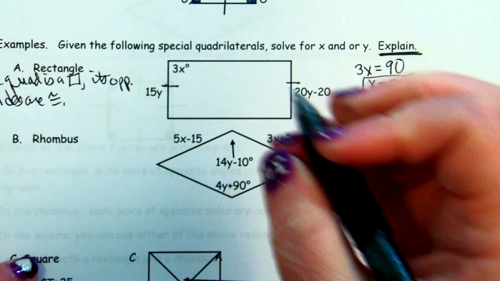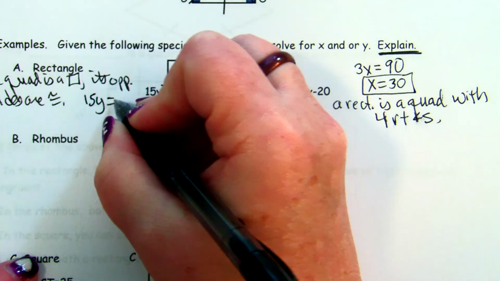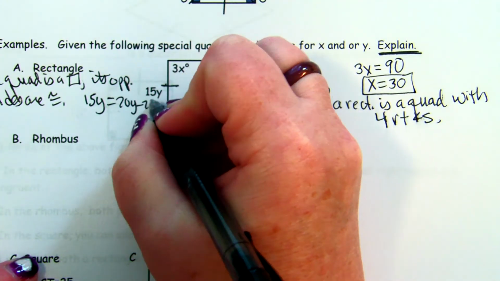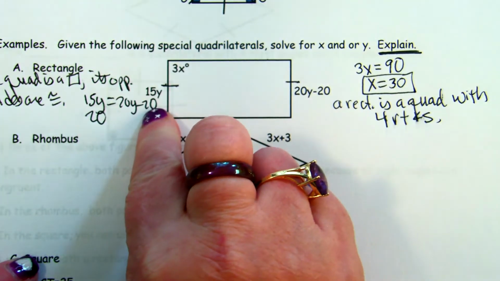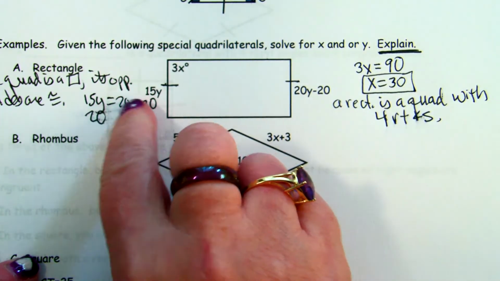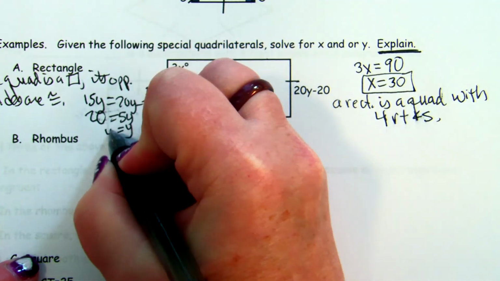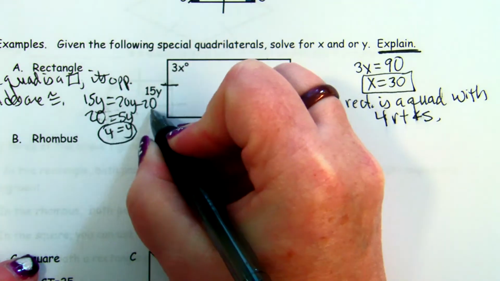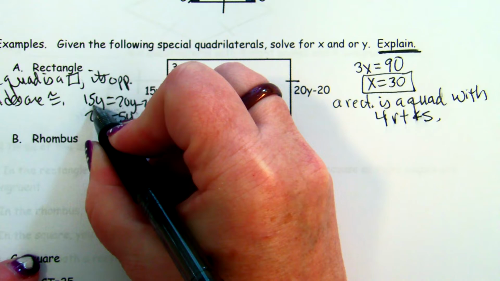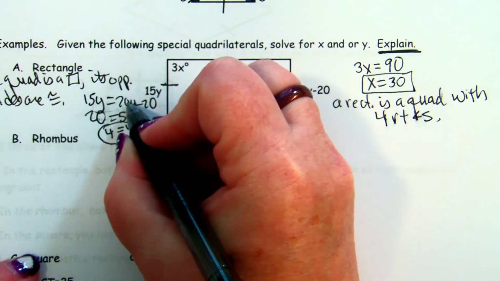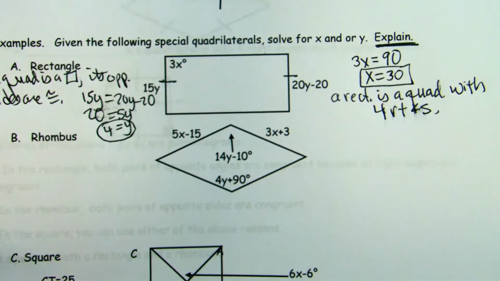So we can set 15y equal to 20y minus 20. Add 20 to both sides. Subtract 15y from both sides. So there's 20 over here with the 15y. Subtract 15y from both sides. So there's 5. And then y equals 4.